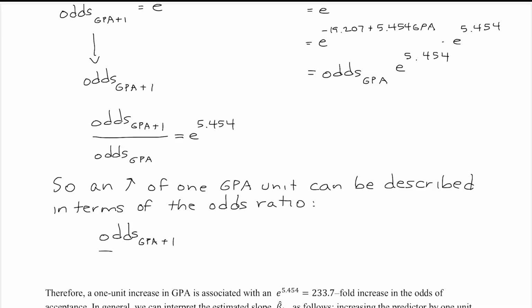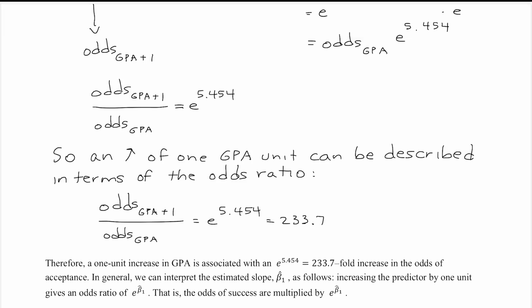And if we actually do the math, doing the exponentiation, that odds ratio is 233.7.